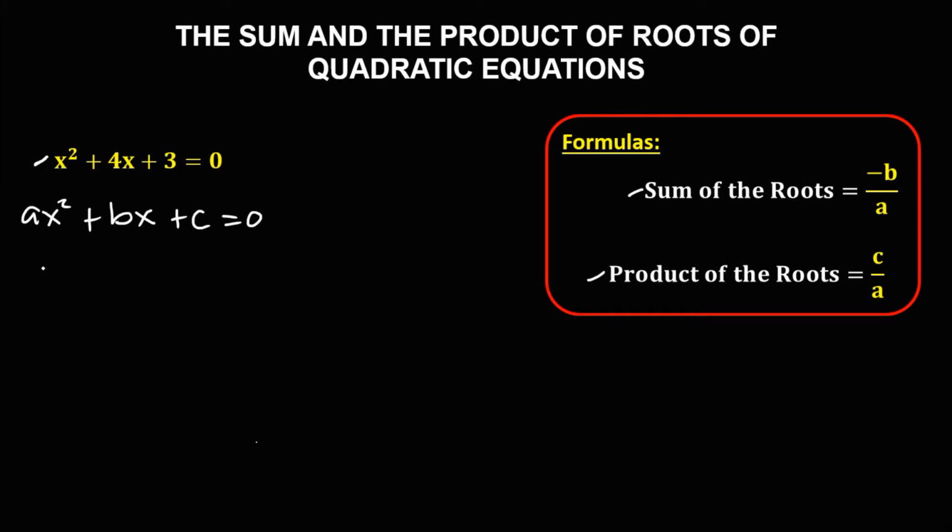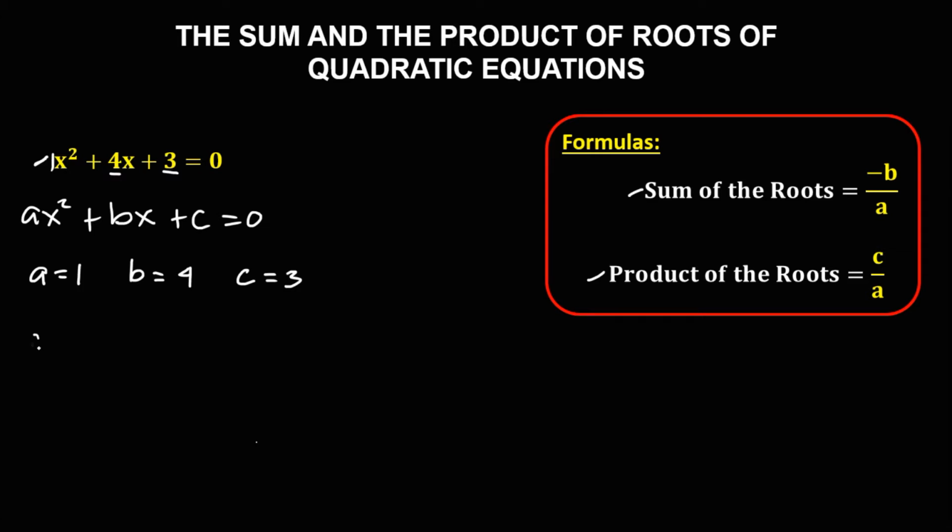Since this given is in standard form, find the values of a, b, and c. From this given, a is equal to 1 because there is an imaginary 1 for x squared. Then b is positive 4, and c is positive 3.